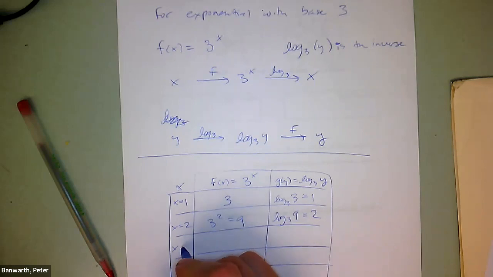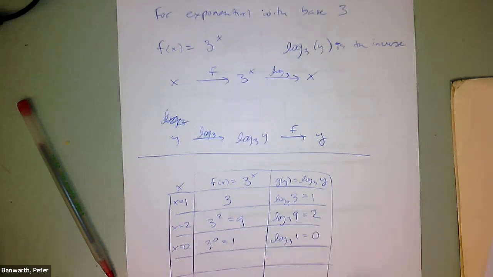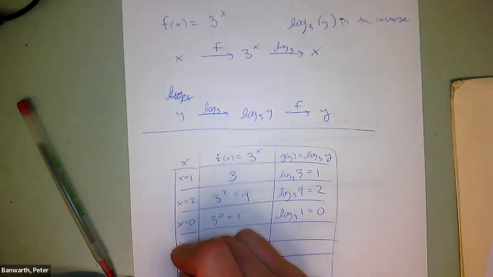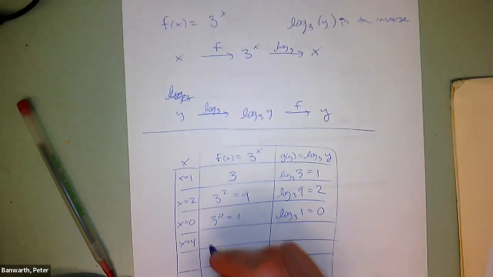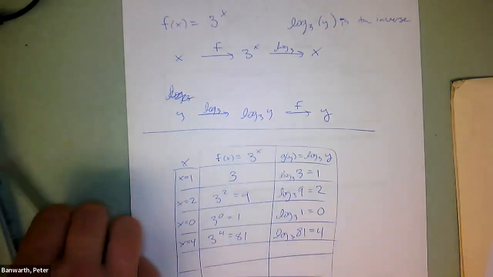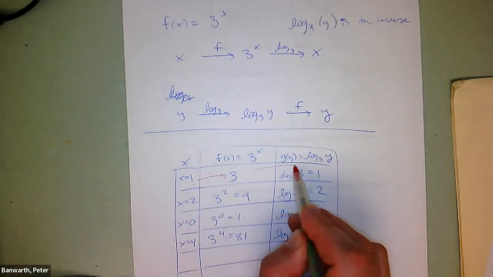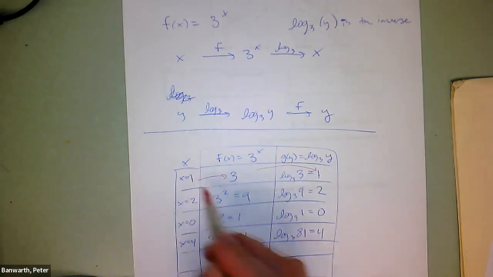If x equals 0, that's 3 to the 0, which is 1, and log base 3 of 1 is 0. If x is 4, 3 to the 4th is 81, and log base 3 of 81 is 4. So I'm starting with x, I'm running it through f, and then I run it through g, and I get back to where I started.